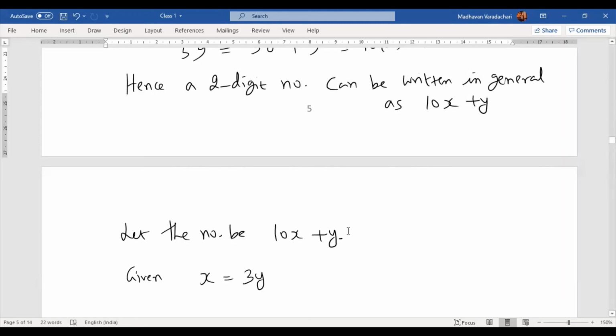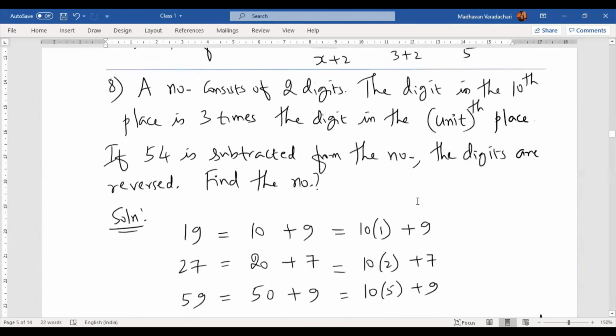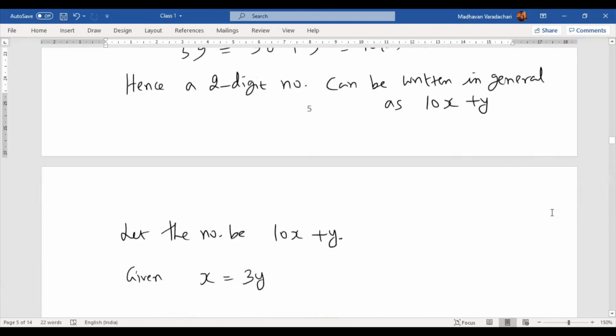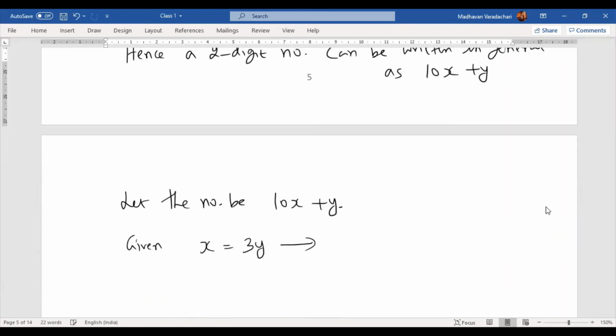So given x is equal to 3y. Why x? Because x is the one which is in the 10th place because it is getting multiplied with 10. And this is of course the unit place. The question says that the digit in the 10th place is 3 times the digit in the unit place. So I can consider this as one equation.